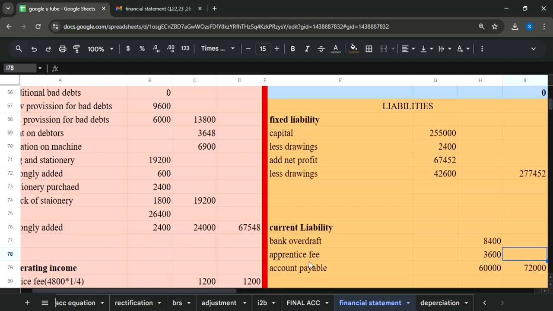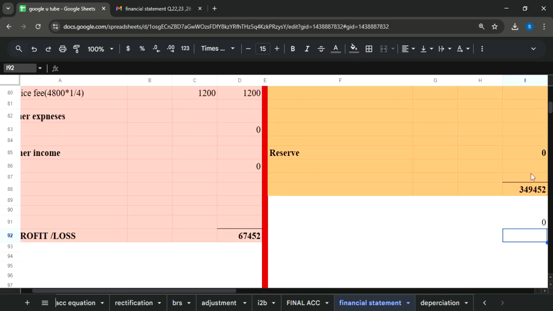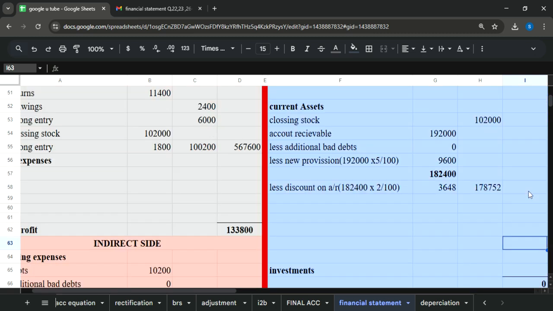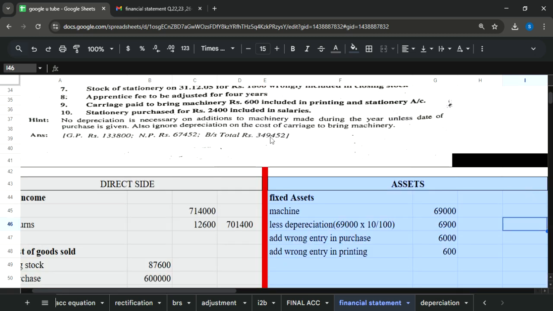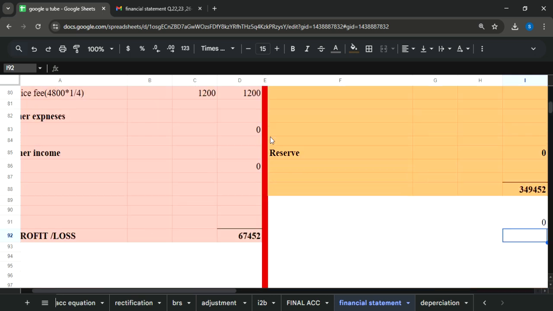So guys, total of fixed liabilities completed, total of current liabilities completed, there were no reserves, and sum of these 349452, and the balance sheet answer over here is 349452. In this way our liability side is also completed, by which 3 out of 4 parts are completed.